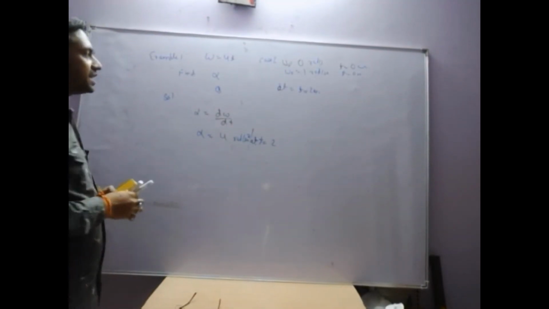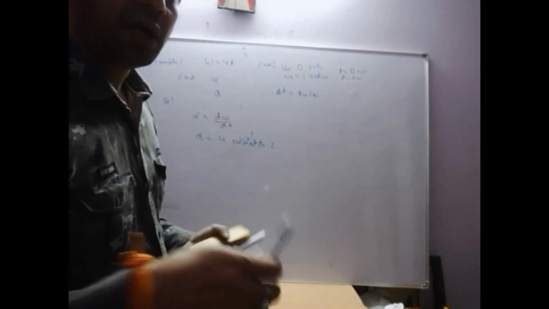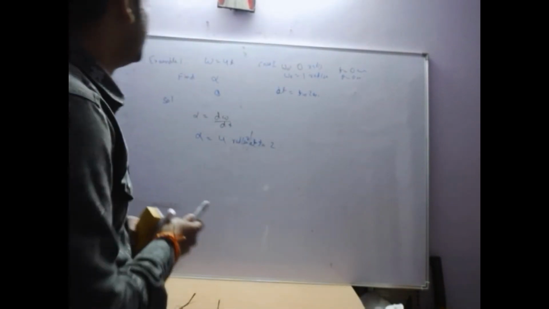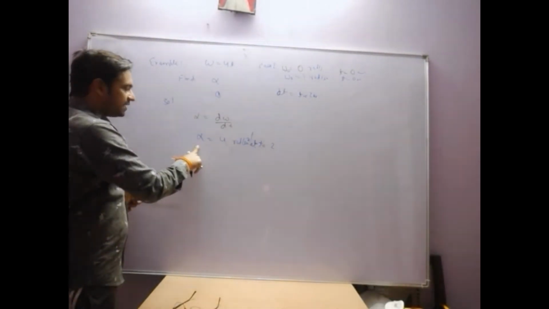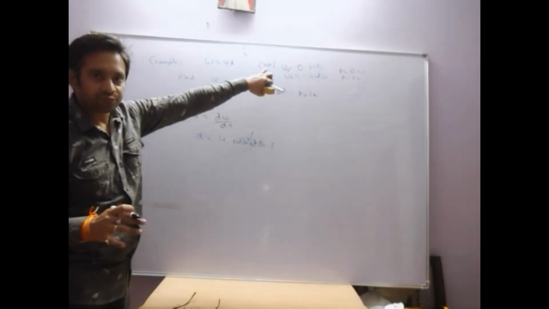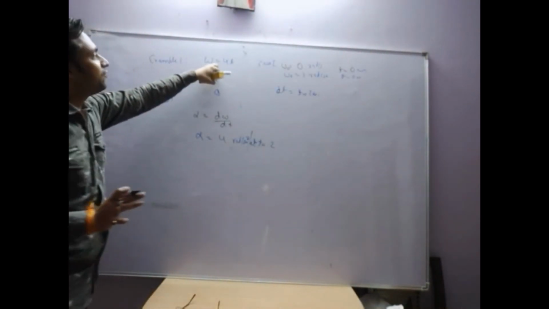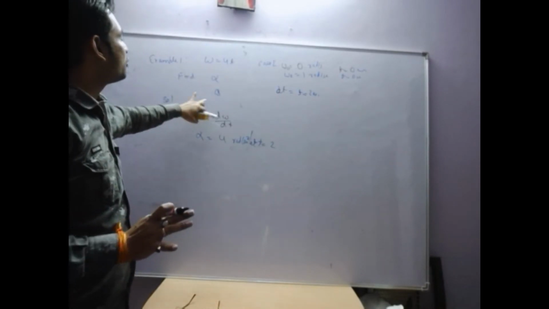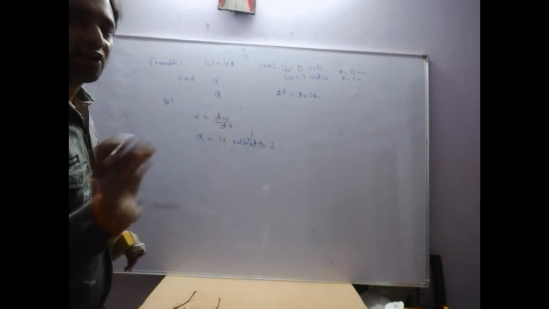In this way we are going to understand how to approach the questions. First of all, alpha is constant. We know initial velocity, we have final velocity. So what do we have to calculate? Only theta. So we can apply either of the equations.